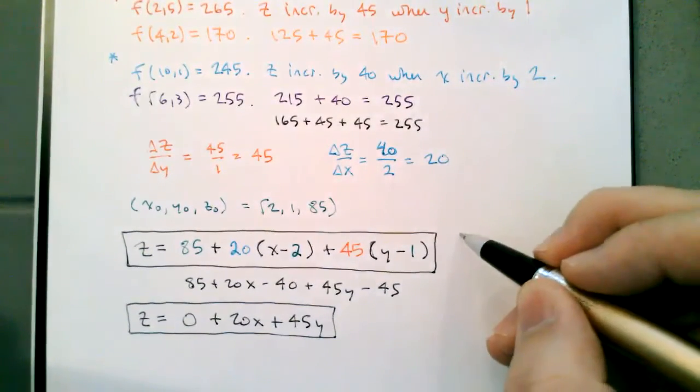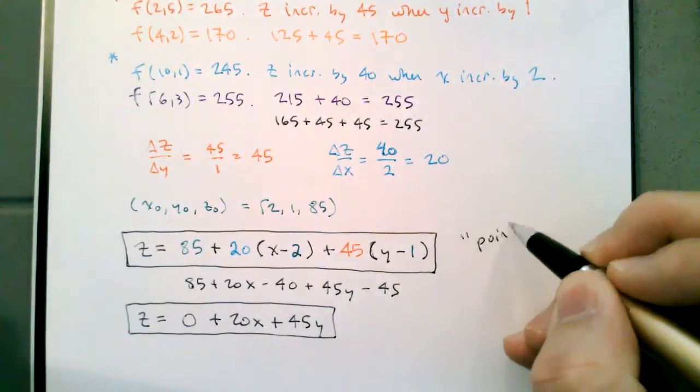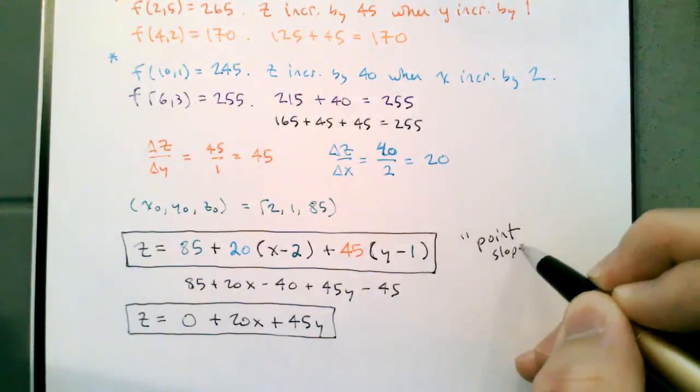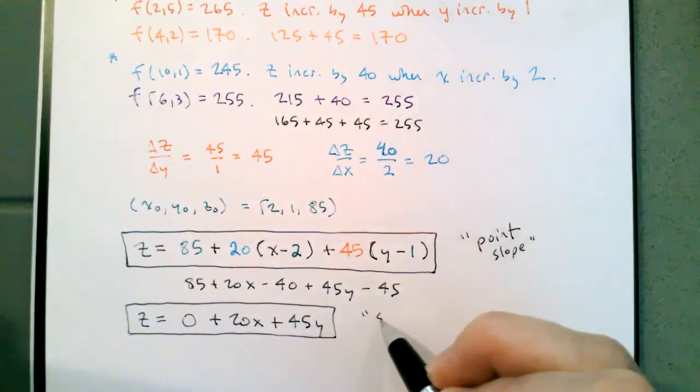So we have it in kind of our point slope form, and this is like our slope intercept form.